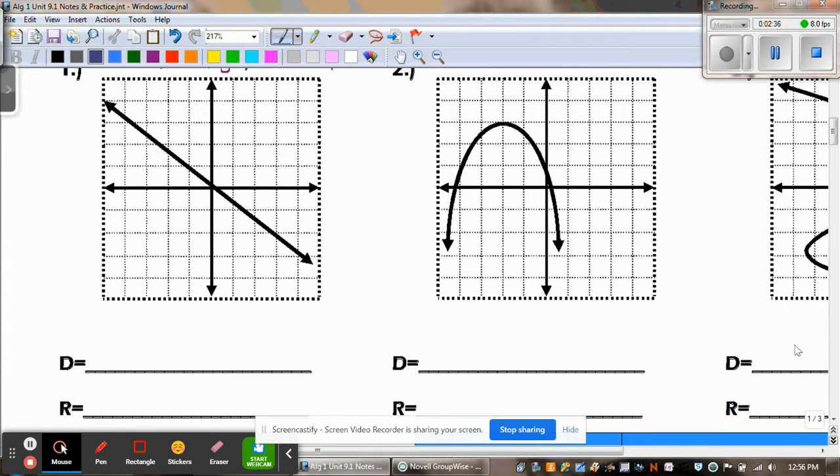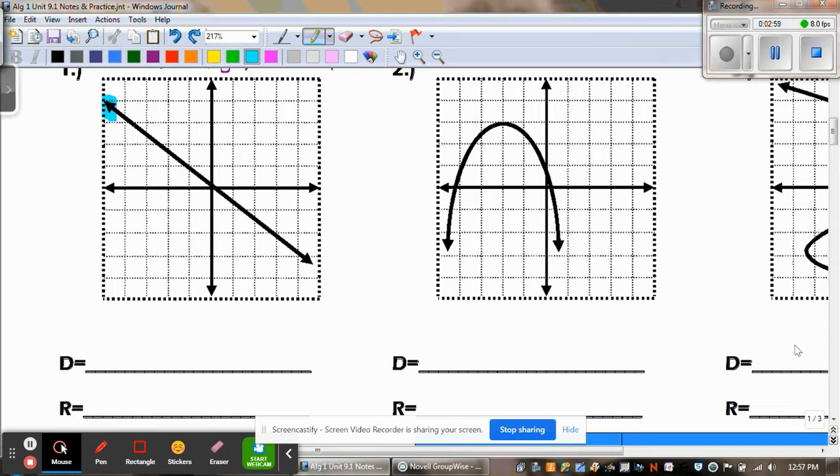As I'm looking left to right on this graph, is there a specific place where we can say it starts exactly here, or it ends exactly at 5? Some of you might say, yeah, Mr. Grice, I can. And I'm going to say, no, you can't. See that little arrow right there?